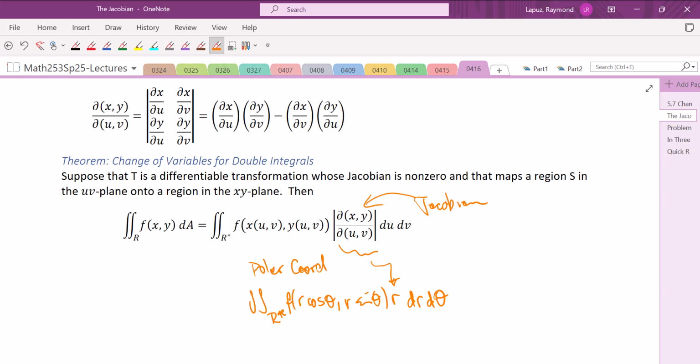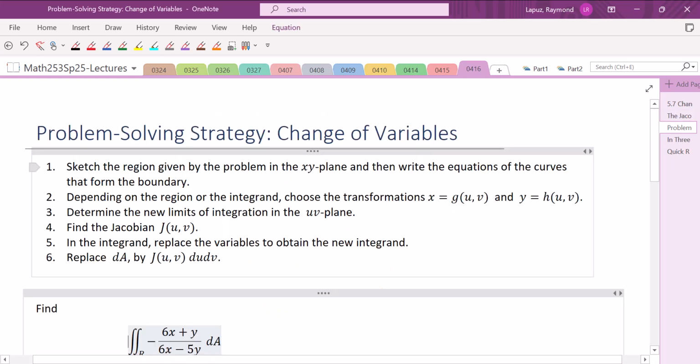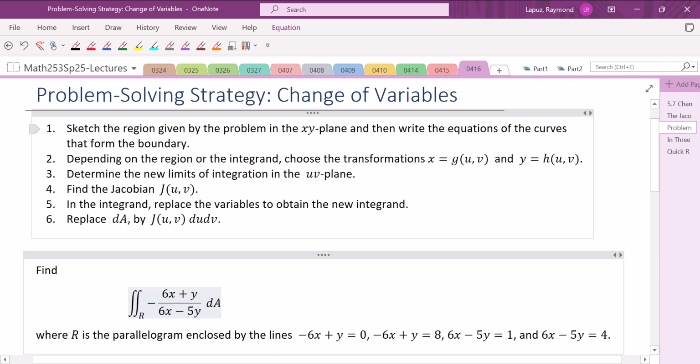Okay? All right, so that's a little bit of the theory behind it. Let's take a look at the strategy and then do an example.